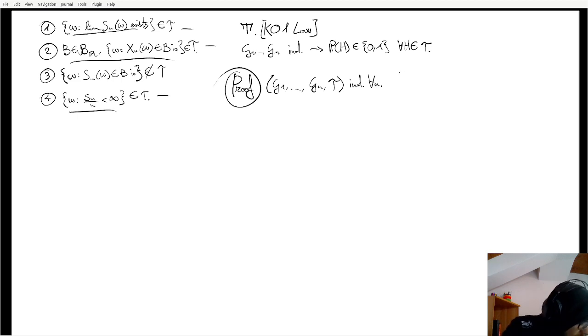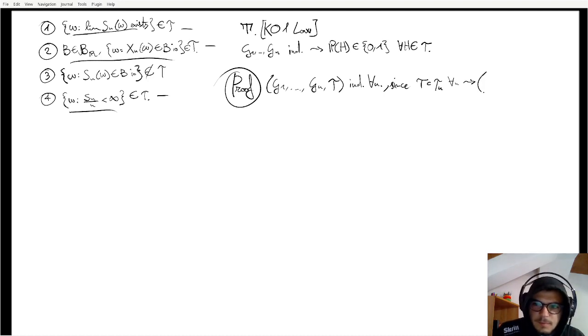And since T is contained in Tn for any n, this partition here, Gn, Tn, is again an independency.